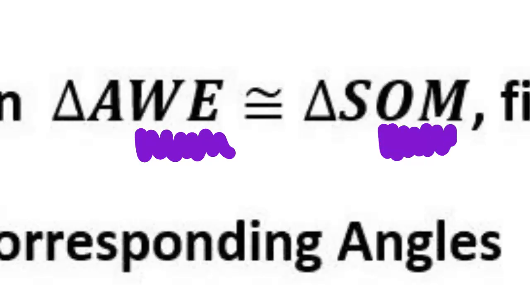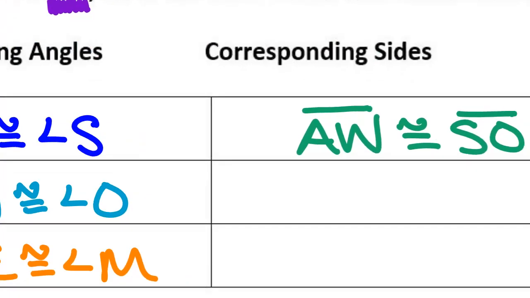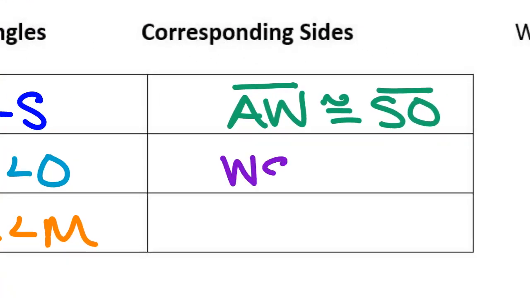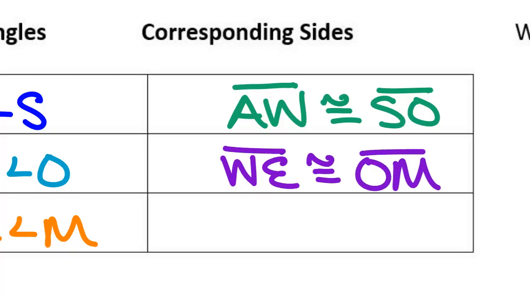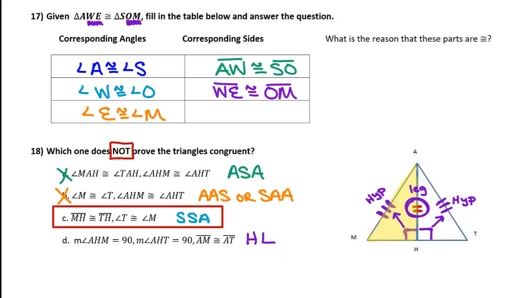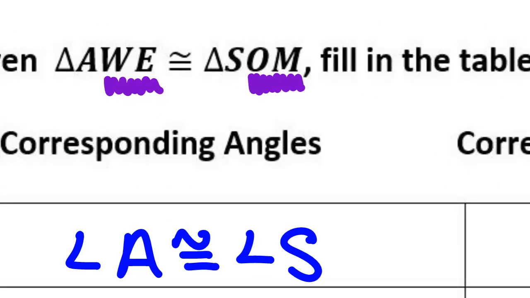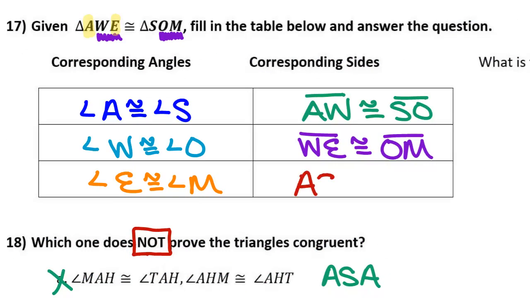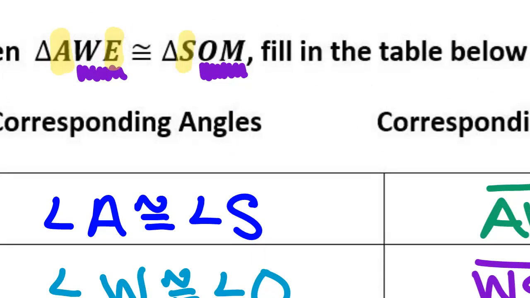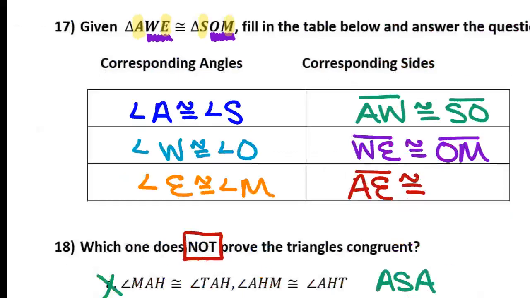WE, last 2 letters, and OM, last 2 letters. So segment WE is congruent to segment OM. And finally, for our third side, AE, first and last letter. Segment AE is congruent to, and then we do first and last letter here, SM.